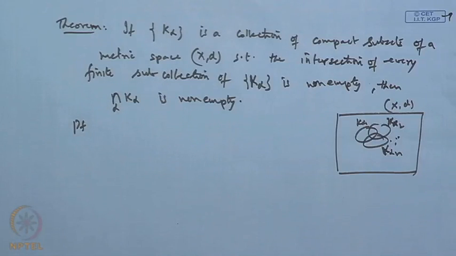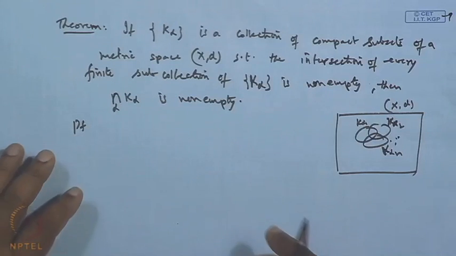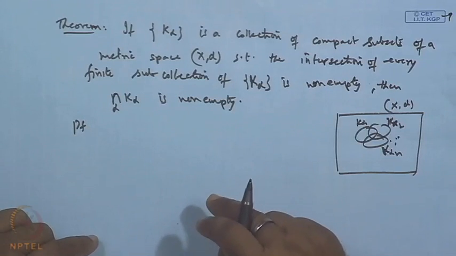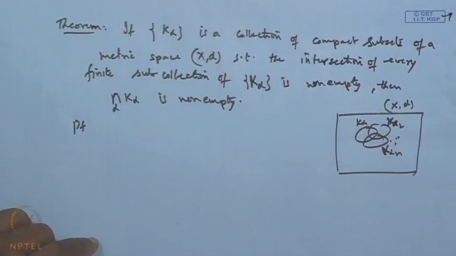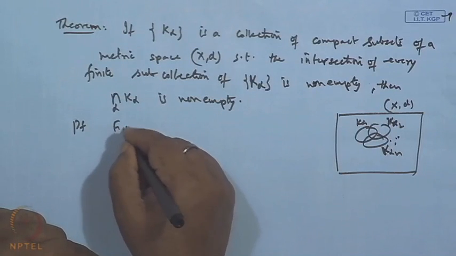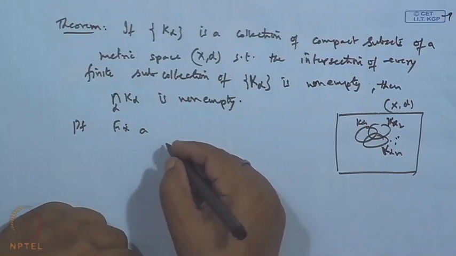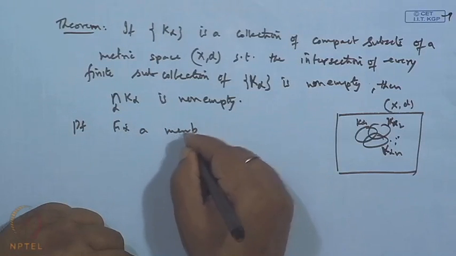It means that when you take the intersection of K1 with the K alpha, at least some of the points will remain out of it. That is, none of the points of that set belongs to each K alpha. So, fix a member K1, and then we will reach a contradiction.